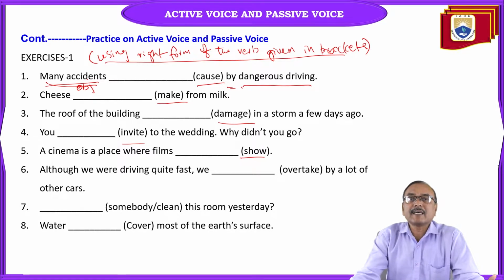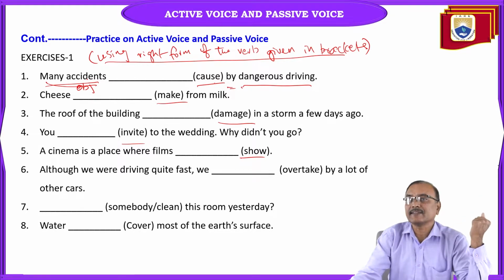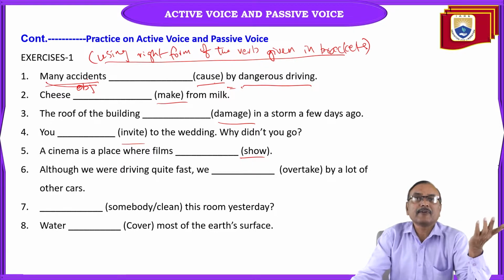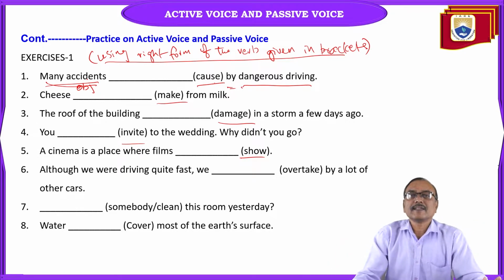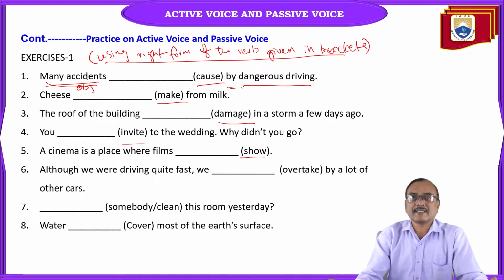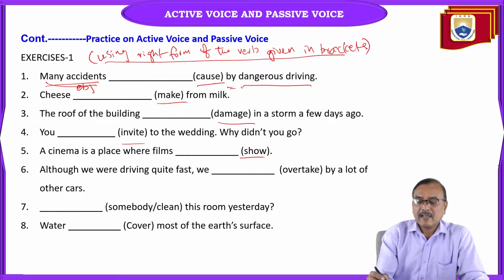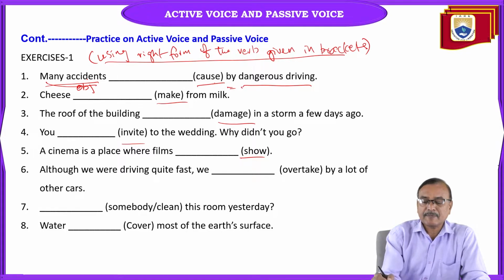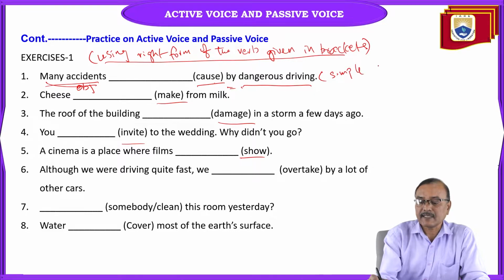If it is past, many accidents were caused. If it is future, many accidents will be caused. But if it is a truth, use simple present tense. In simple present tense, after the object, what is the helping verb? Is, am, are. In simple present tense, what is the verb form?